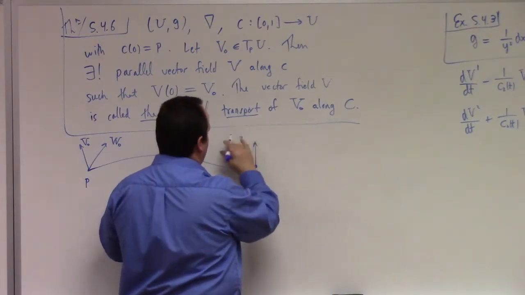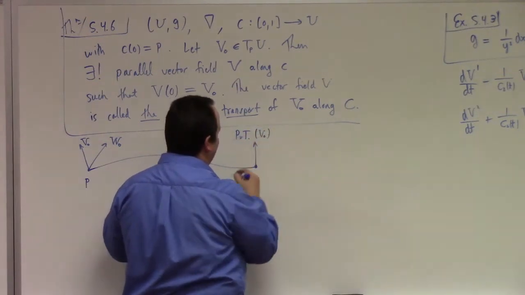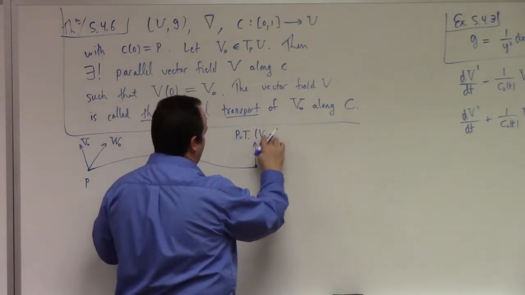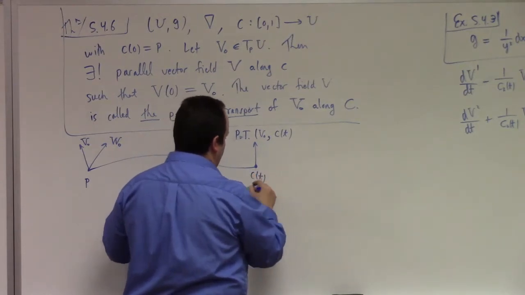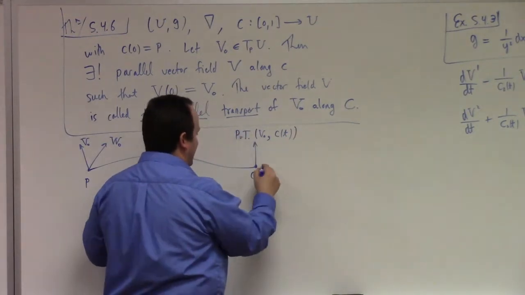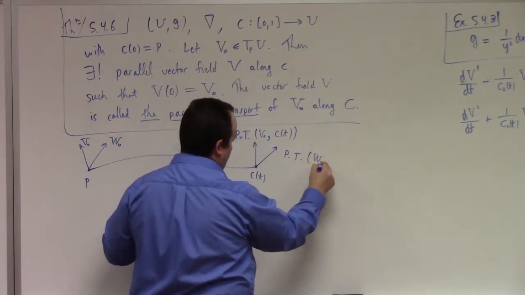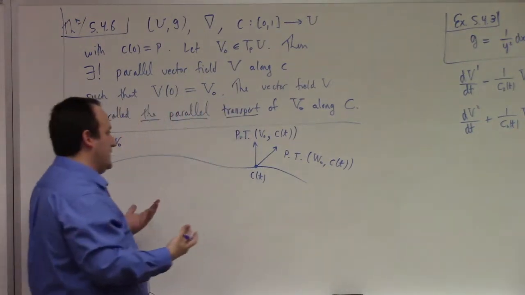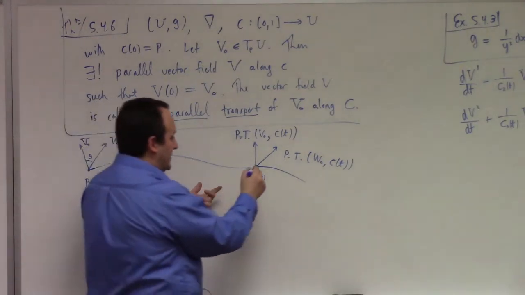Parallel transport of V naught to C of t. There's a horrible notation, since I can't think of anything better. You compare that to the parallel transport of W naught at the same point on the curve. And whatever the angle was here, if that angle's theta, this angle's still theta.